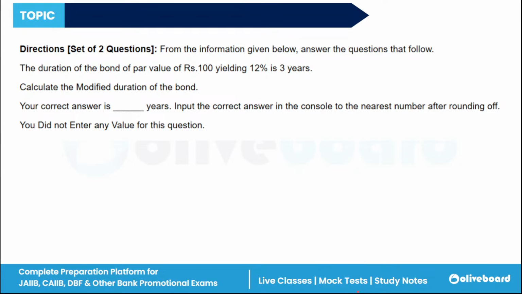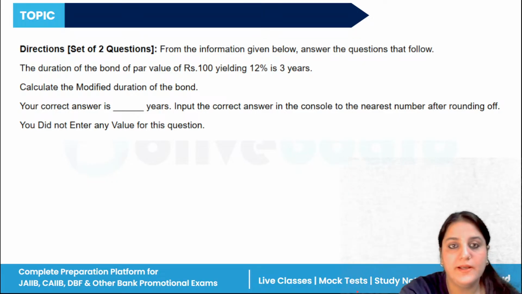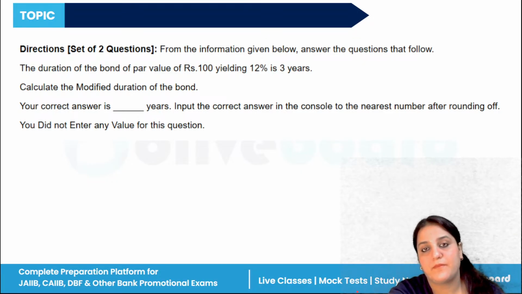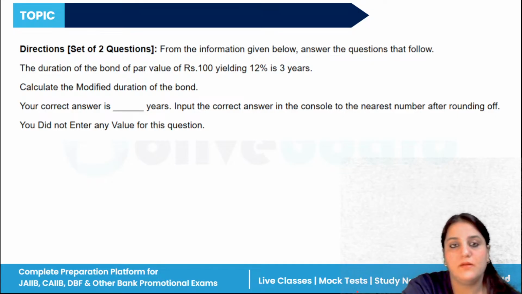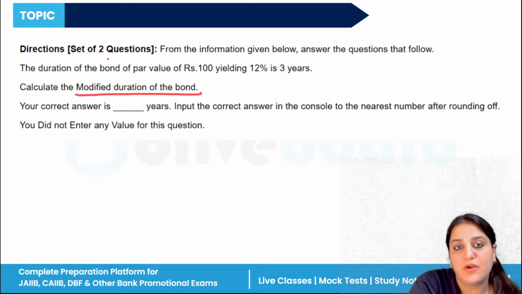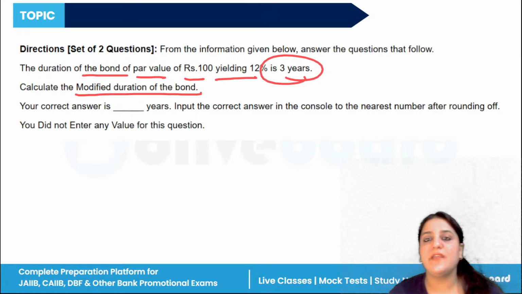Next question. Here we have to calculate the modified duration, because duration of the bond is given, yielding percentage is given, and the year is given.